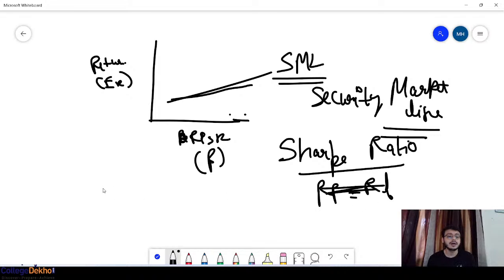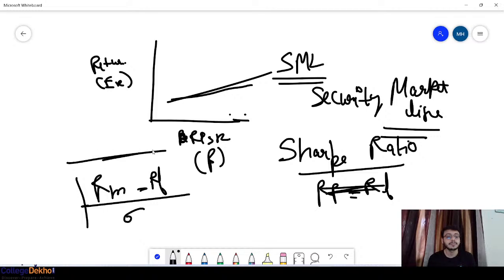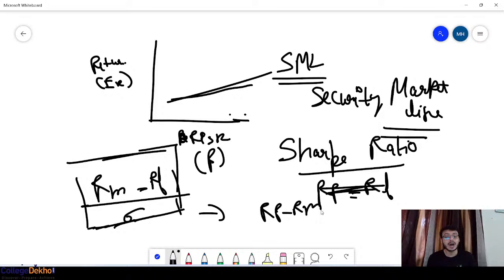For example, if you are investing into the market, it will be your market return minus your risk-free rate, over the standard deviation. The difference can be if you are investing in a portfolio. When you are investing into a portfolio, then you want to beat the market, so there your benchmark will change to the market.